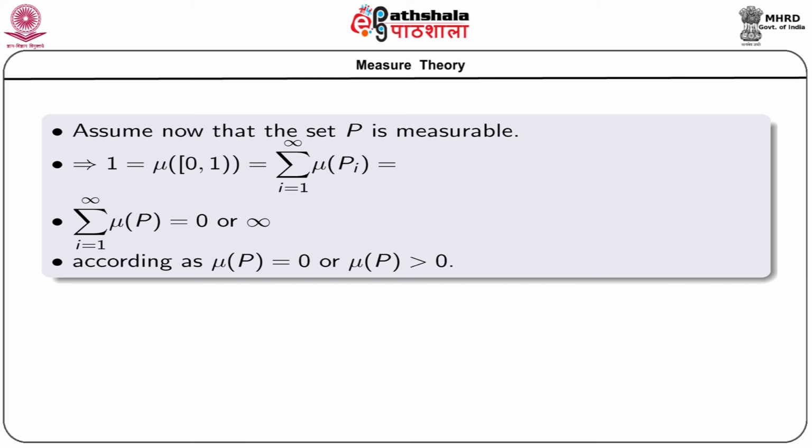So, in a nutshell, we have a relation like this, that 1 is equal to 0 or 1 is equal to infinity. But you know that this is impossible.